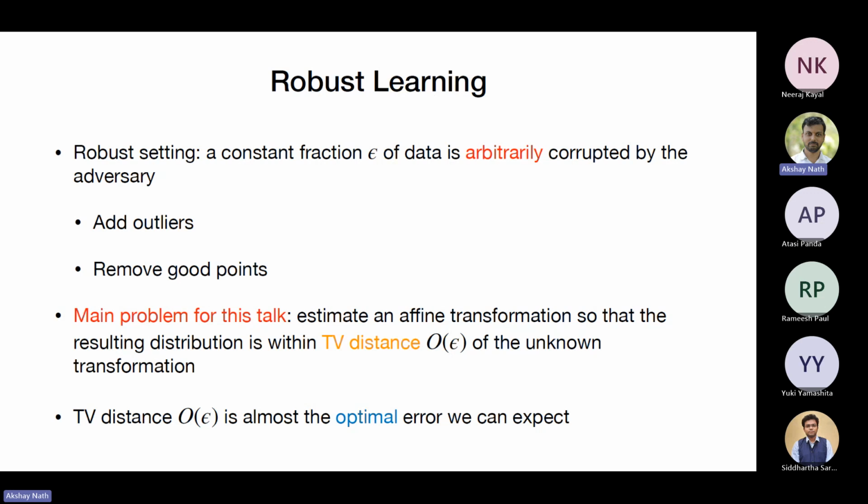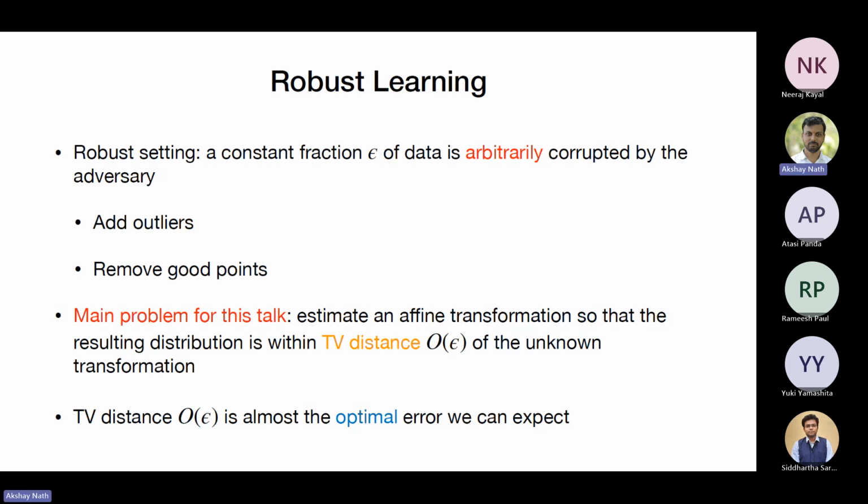And our problem for this talk is to estimate the affine transformation so that our resulting distribution is within TV distance O(epsilon) of the original transformation.